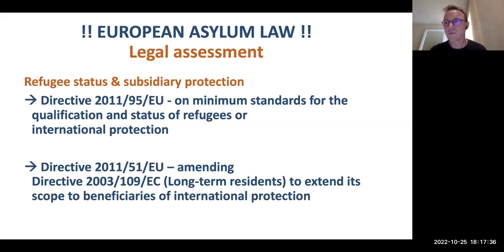This basically means that a person who is not granted refugee status because he or she is not individually persecuted may not be returned, however, for specific reasons, for example fearing that this person might be harmed by an international conflict taking place there. So this directive opens up a subsidiary protection scheme, an additional protection scheme that has been opened up by European law.